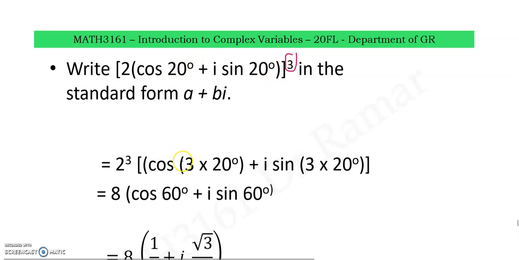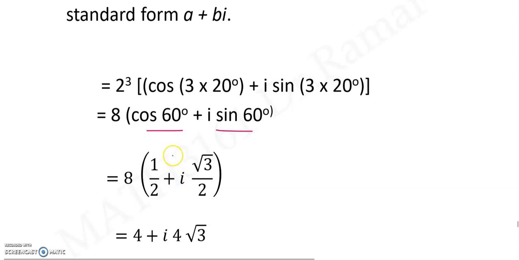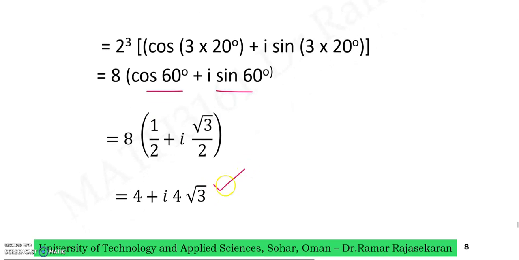So cosine of 3 times the angle plus i sine of 3 times the angle, which is 8 times cosine 60 degrees plus i sine 60 degrees. In the calculator the value is 1 by 2 plus i root 3 over 2. So this is the answer, in the form a plus bi, a is 4 and b is 4 root 3.